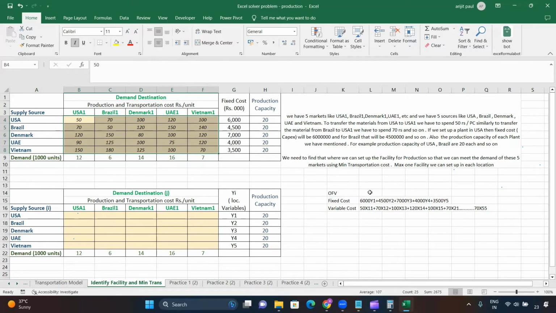So what will be the total cost? The total cost will be fixed cost plus variable cost. So that becomes our objective.